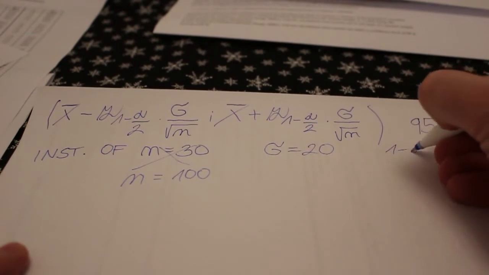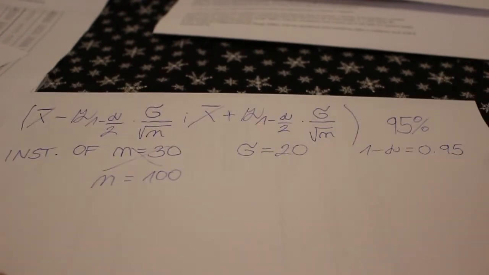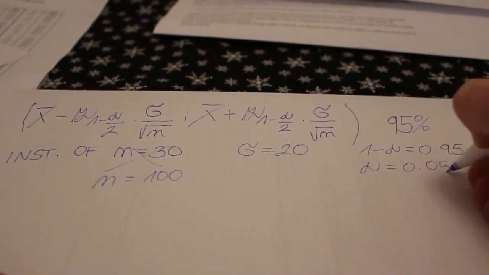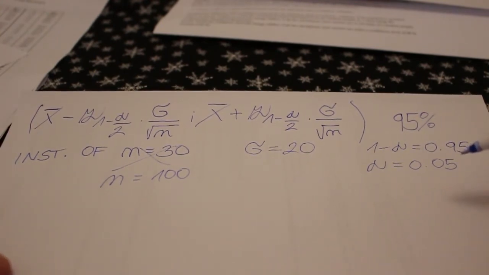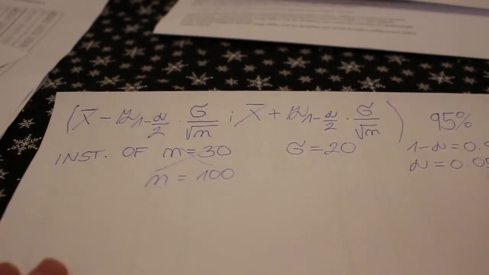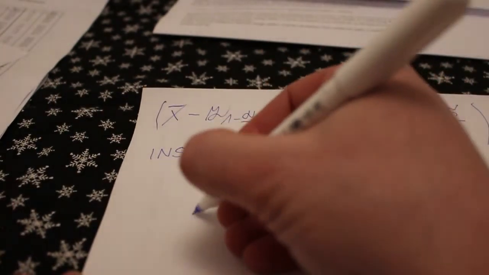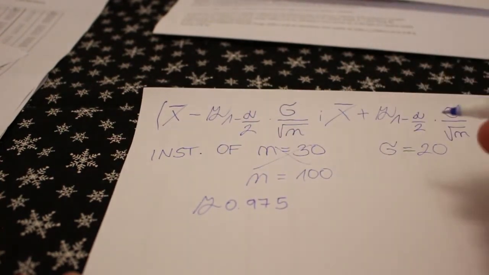Our 1 minus alpha is equal to 0.95, yes? So alpha is equal to 0.05, perfect. So what is the difference? We will use the same quantile, z 0.975.